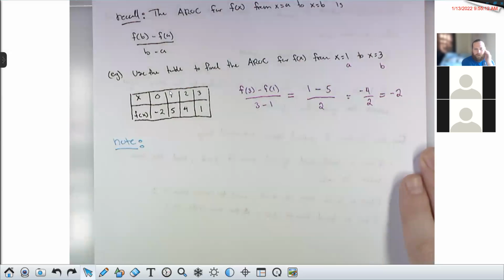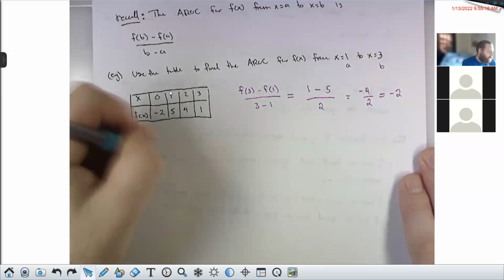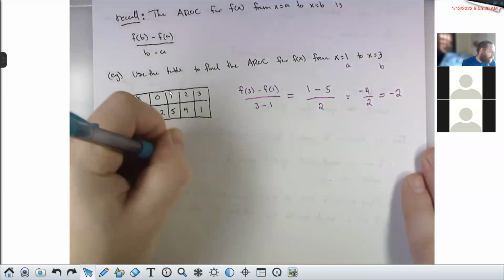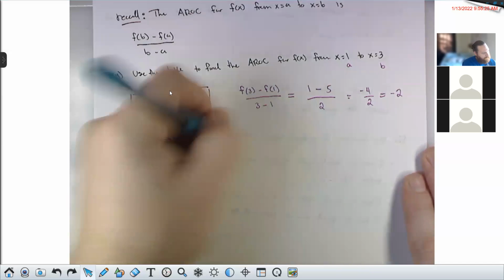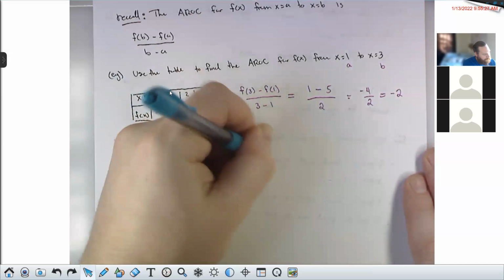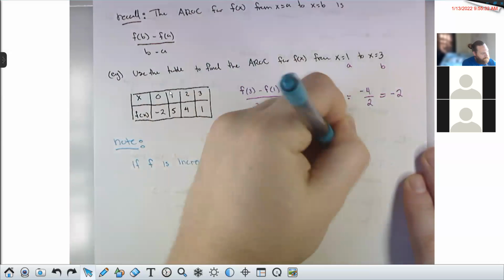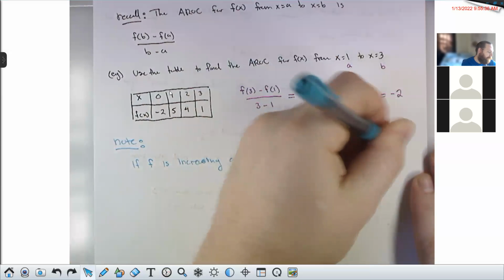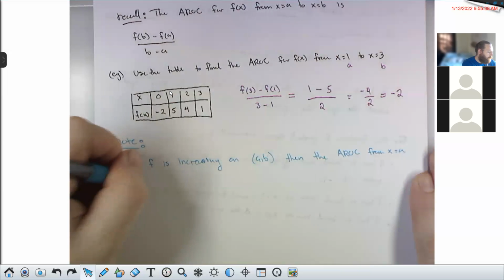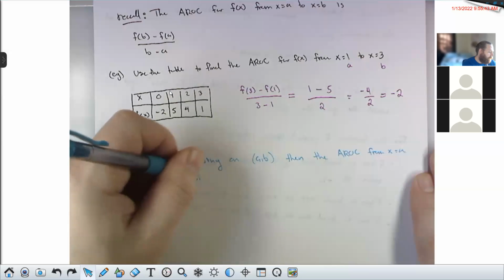I'm going to state the contrapositive to those statements because they're a little bit more solid. If f is increasing on the interval AB, then the average rate of change from x equals A to x equals B is positive.